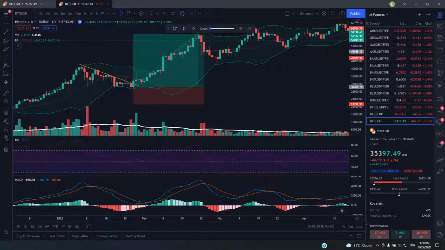MACD fast EMA to cross the slow EMA and rise with price action. That way you've got your moving averages, and you can even write MACD histogram to rise in green.